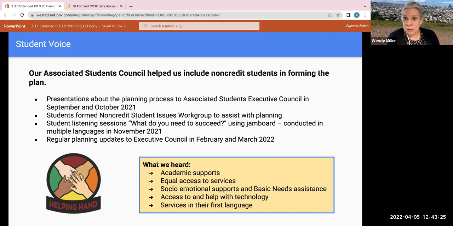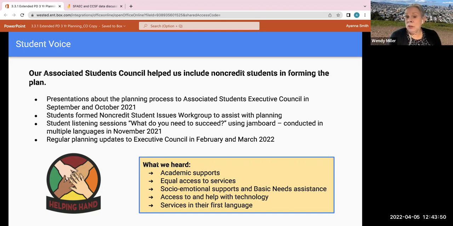They want textbook vouchers. They want equal access to services, all services. They want socio-emotional supports and basic needs assistance, healthcare, childcare, mental health care, financial planning, food assistance, housing assistance.